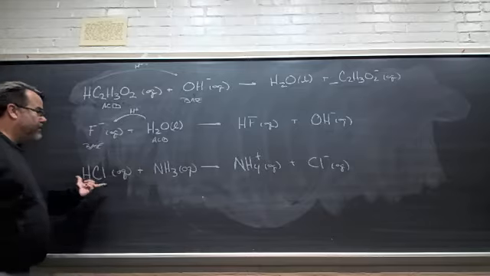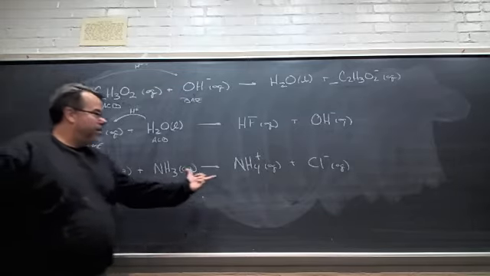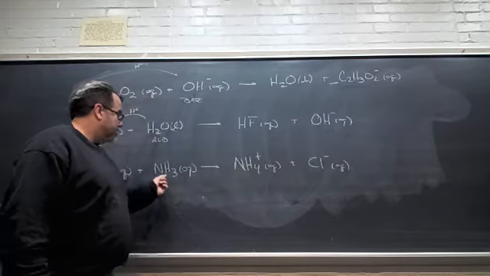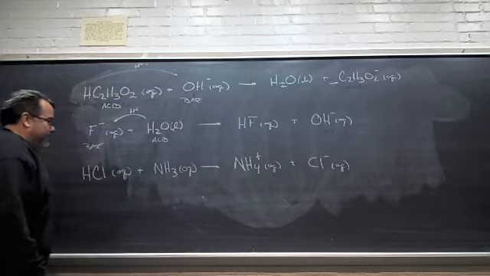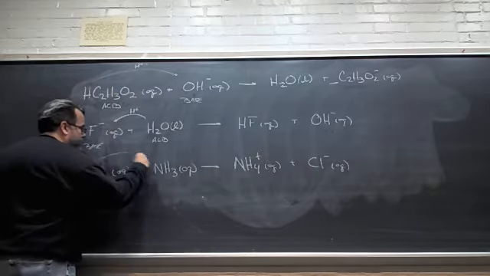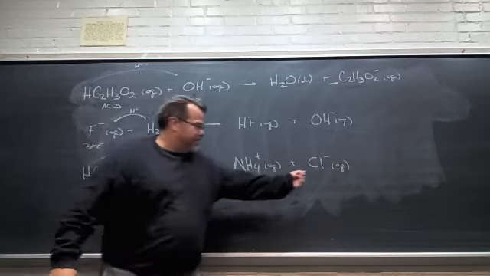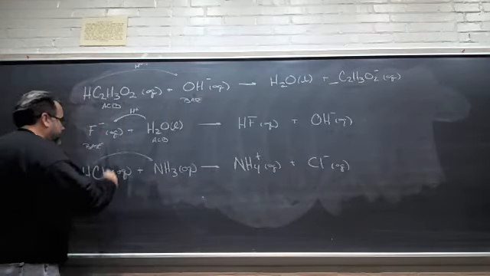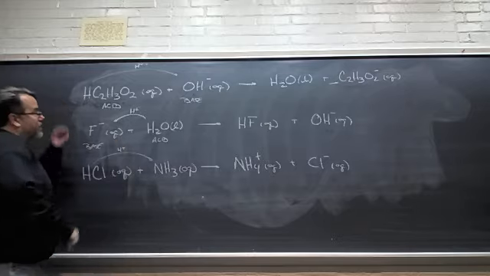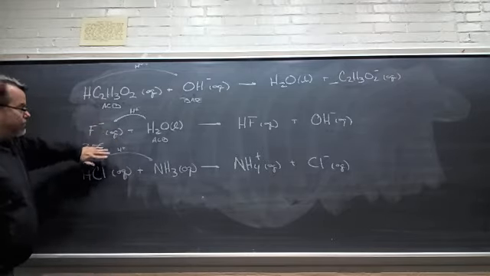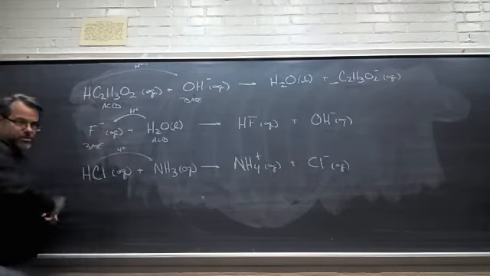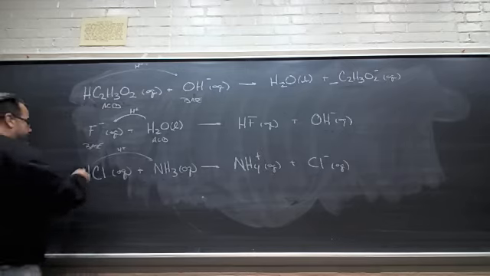And if we look at this one, we've got NH3 over here, NH4 over here. So clearly a hydrogen has been added to the ammonia. And that hydrogen came here from the HCl, leaving it with just chloride. If I give you a problem like this on the test, you don't have to do this little arrow thing. I'm just doing that to help make it more clear.